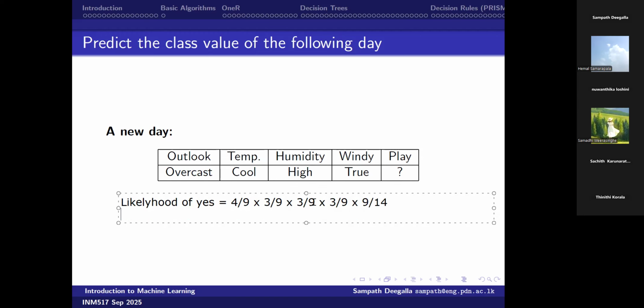So this is the likelihood value. But if you look at the likelihood value of no, outlook overcast, no, we have 0 divided by 9.